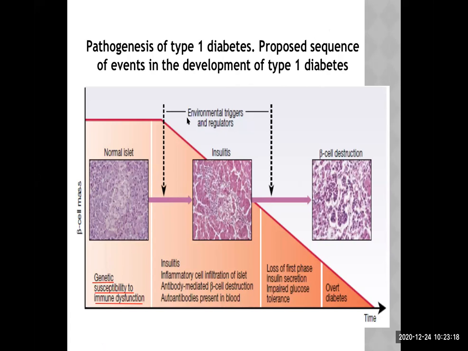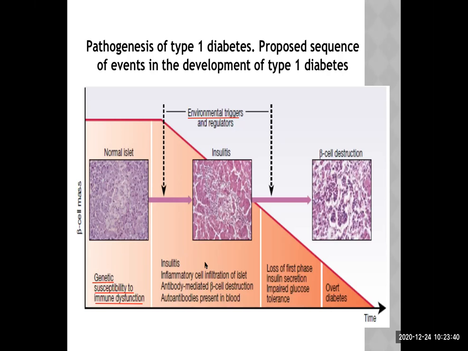Now, on top of that, there is an environmental trigger. The effect of an environmental agent, like maybe some viral infection. The Coxsackie virus is one of the viruses implicated here. Along with that, some others are also there. Now, there is activation of autoimmunity.